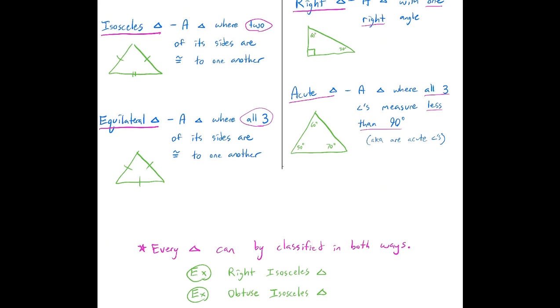And what we're going to get to later is whenever we have two sides matching, that means two angles match. It's the angles across. We're going to call this the base angle biconditional later on. But for now, we don't know that secret. The secrets of the universe remain hidden from us. And when three sides are the same, the three angles must be the same too. Again, we don't know these mysteries yet.